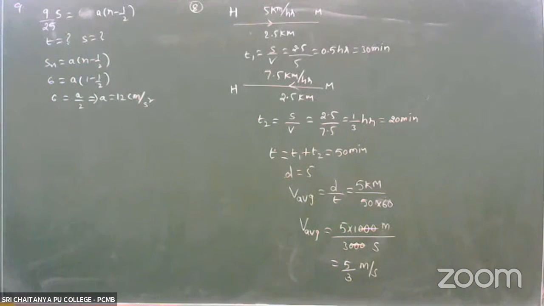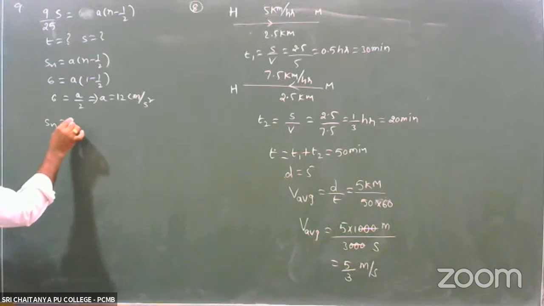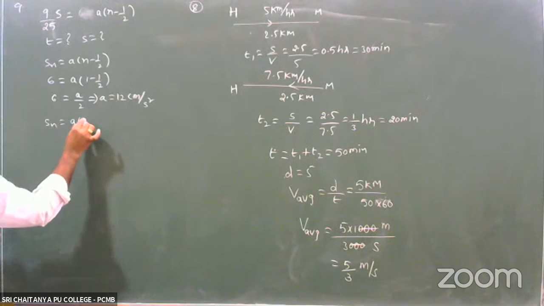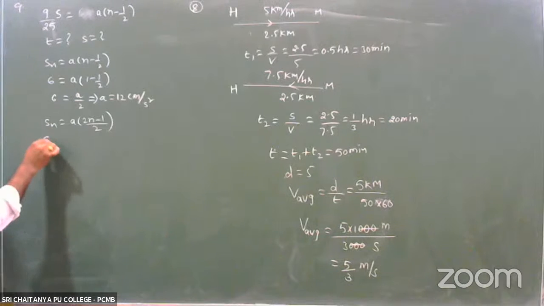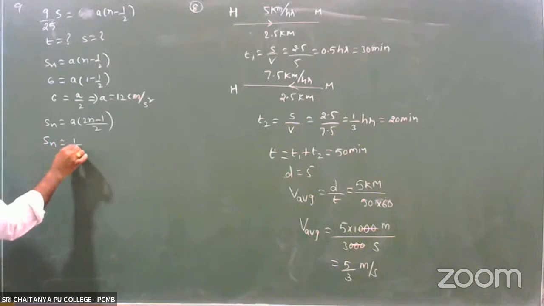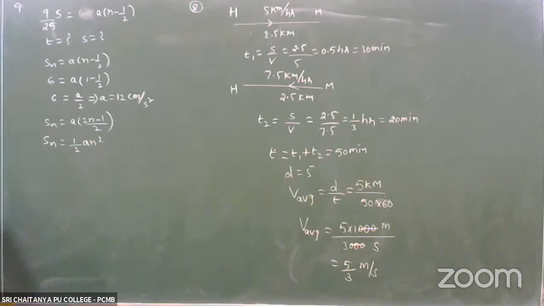See how you can calculate it. In the last second, S_n is equal to, u is 0, a into (n minus half), or a into (2n minus 1) by 2. For the total time, S is equal to half a t square, that is half a n square.